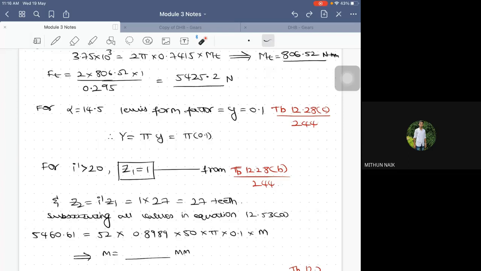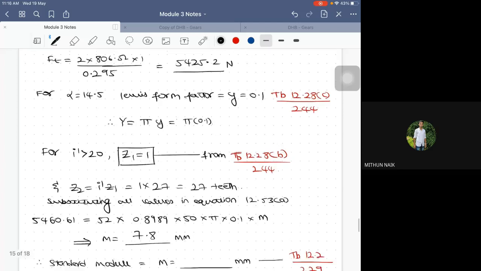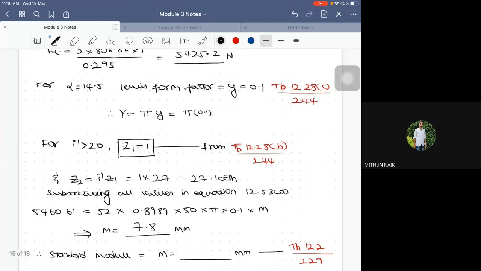Okay, 7.8. So just standardize this using the same table number 12.2, page number 229. Give me the standard module. So I think 8 mm would be the standard module as per the textbook. Just check whether it is 8 or not.